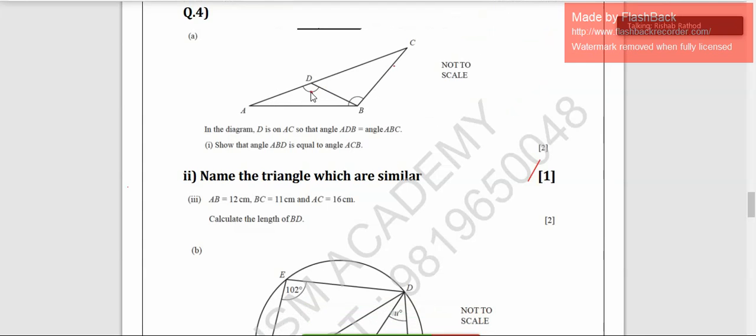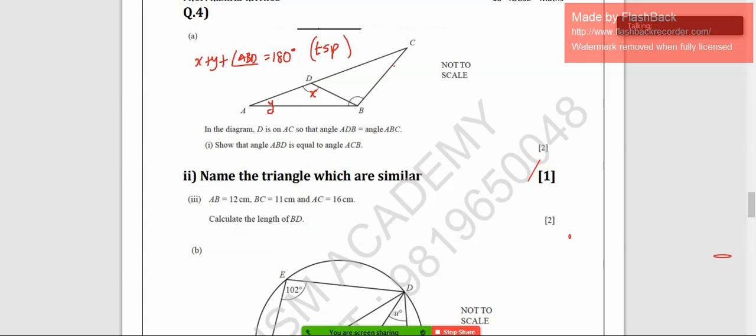So let's write this is X. Let's write this angle as Y. And we'll show that angle ABD. So in this particular triangle, the smaller one, can I write X plus Y plus angle ABD? Triangle sum property. Okay.